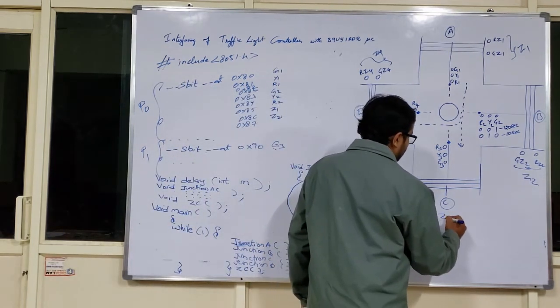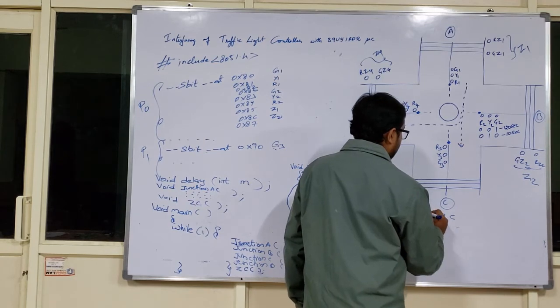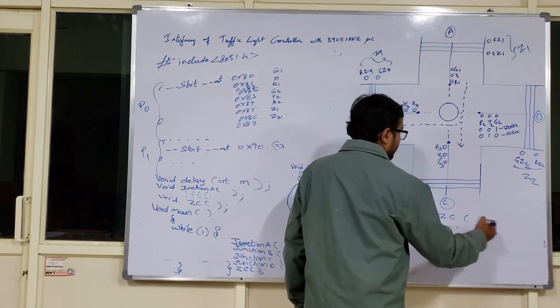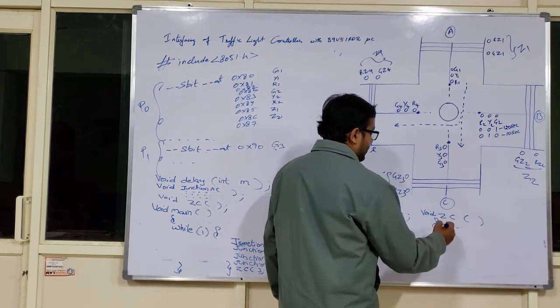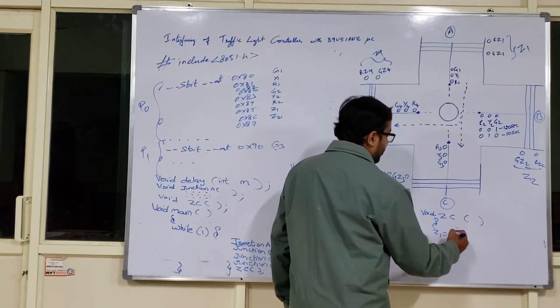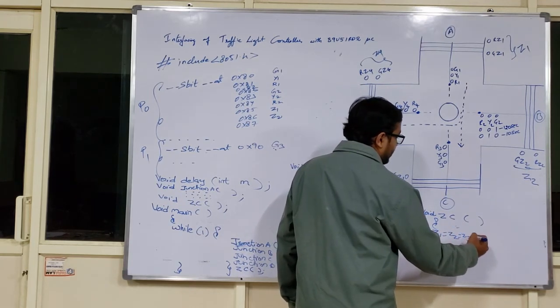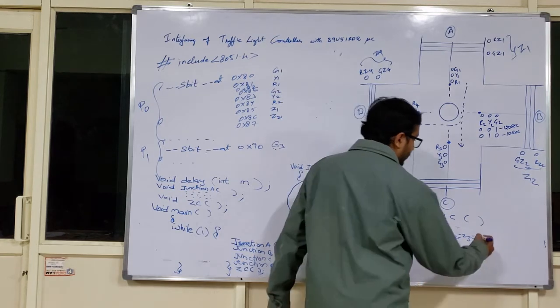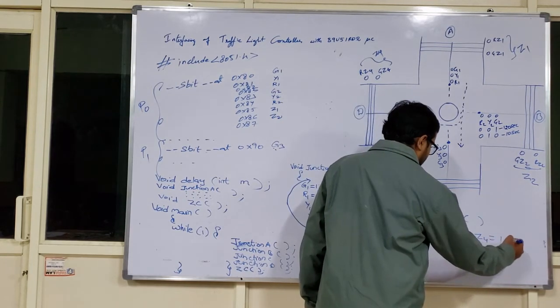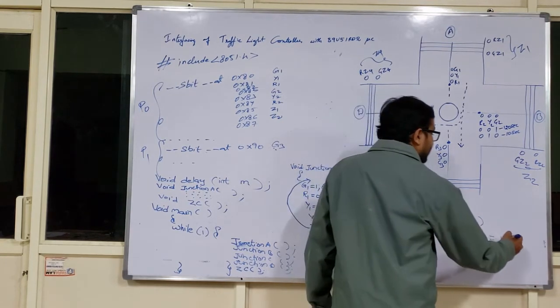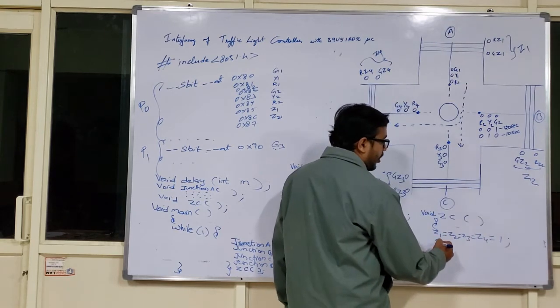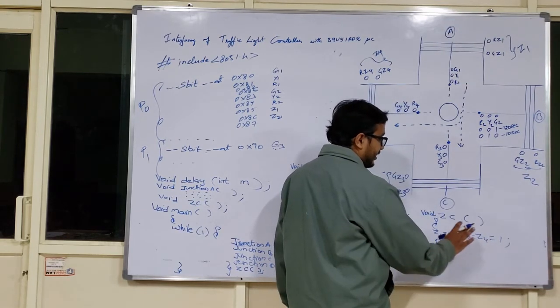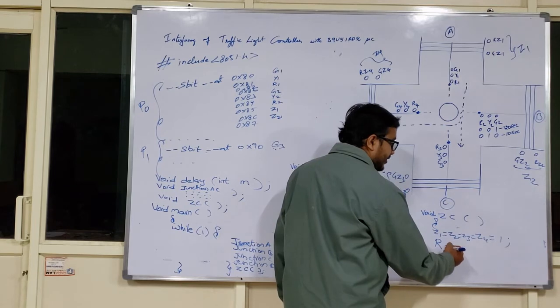Coming to the zebra crossing definition, void zebra crossing. Now Z1 equal to Z2 equal to Z3 equal to Z4, that is logic 1, and at the same time the status of all your R, I am not writing each and every variable of R, just writing one R only.